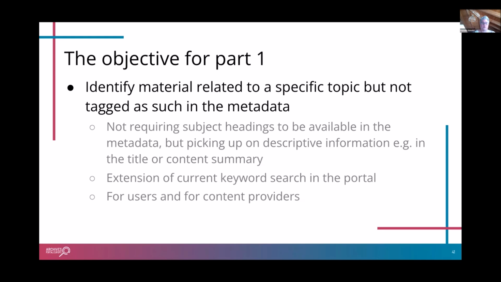So essentially, we are looking at a possibility to detect a relation to a specific concept or entity without requiring subject headings to be available in the metadata already, but picking up on descriptive information, for example, the title or the content summary that is part of the metadata description. We would see that as an extension to the current keyword search in the portal, something that our users can use, but also our content providers could use.